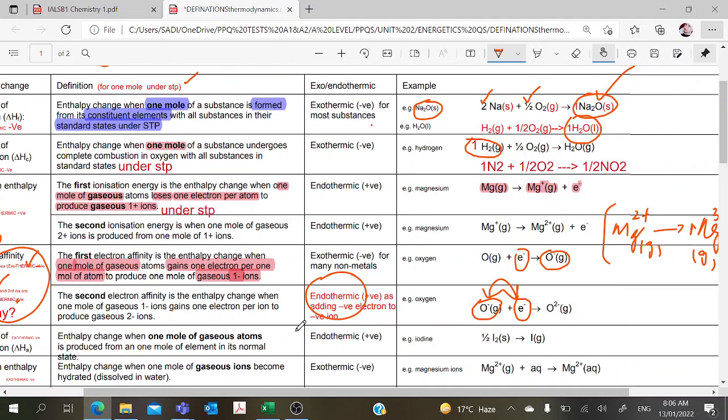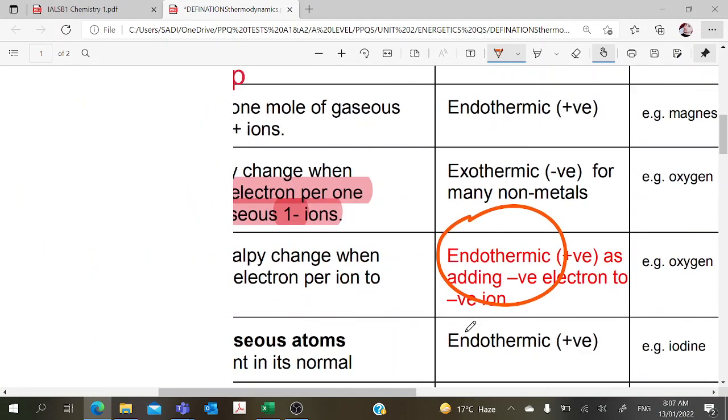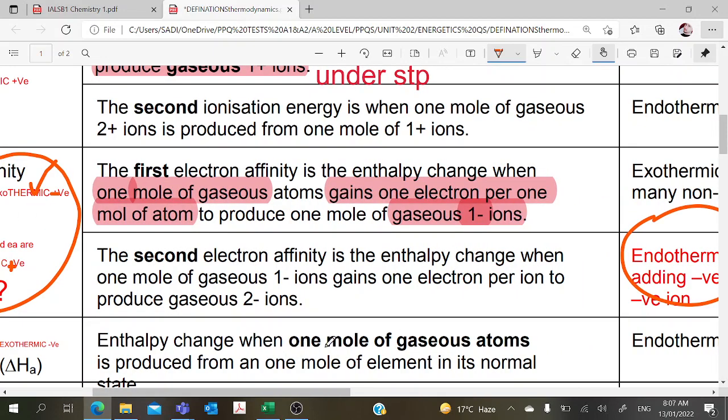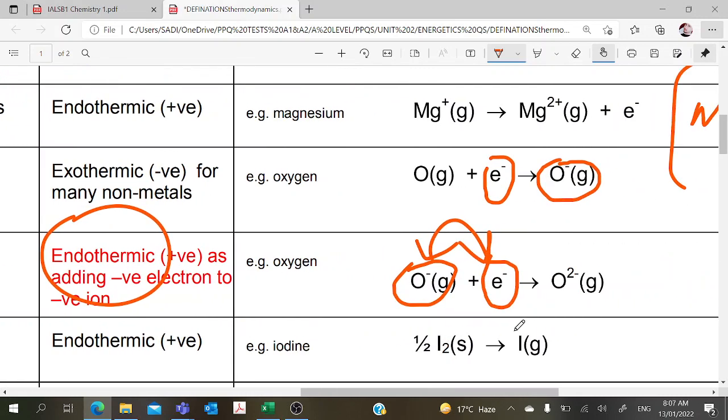Now for the atomization, you need to just look into the atomization now. See here. The definition is very clear and it says enthalpy change when 1 mole of gaseous atoms is produced. The definition is for 1 mole of this gaseous atom, so the balancing of the equation must be for this gaseous atom. You cannot write I2 making 2I in gaseous state. The definition will be wrong then, and you're not working according to thermodynamics. Yes, you can do the balancing, no problem.